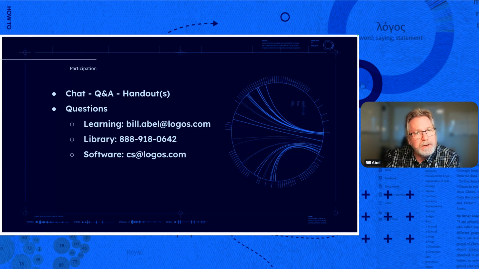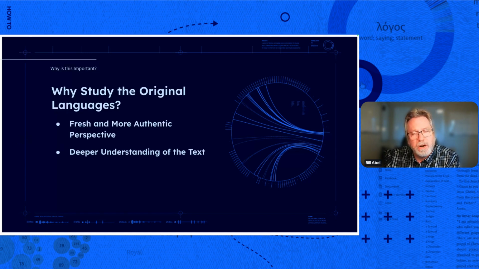Now, why do we want to study the original languages? Sometimes people ask that because we've got great English translations, and these people work really hard to make sure that they translate the original languages into English for us, and into your language, whatever your language is, to make sure that we get a good understanding.